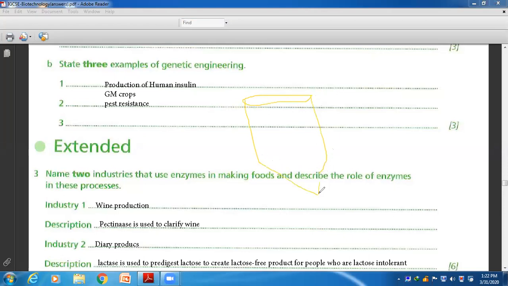On the bead we put the immobilized lactase enzyme, and when we pass our milk through it, if the milk contains lactose, the lactase enzyme will break the lactose down and convert it into glucose. So by this we are making milk lactose free.